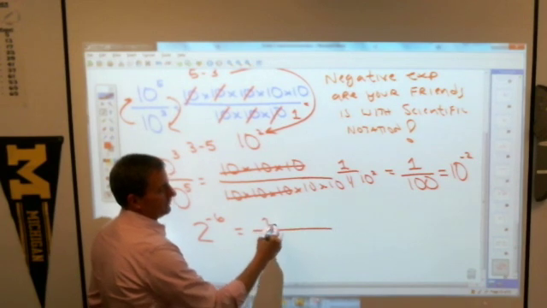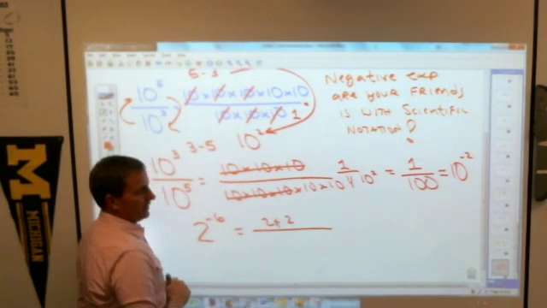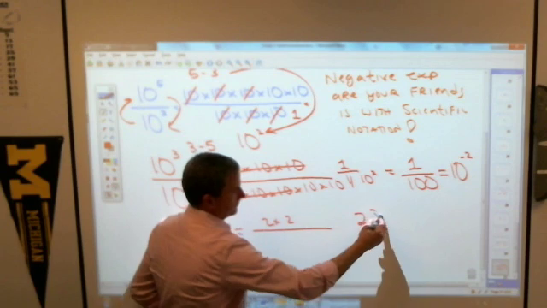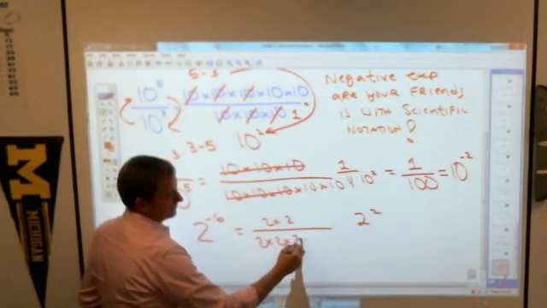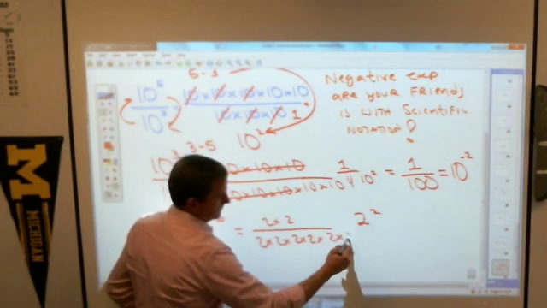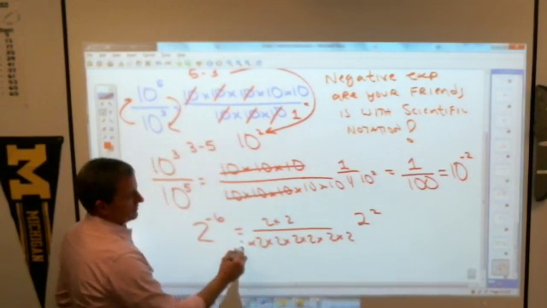For example, if I have 2 2's on top, which is 2 to the 2nd power, right? Over 8 2's on the bottom. How many? 2, 4, 6, 7, 8.